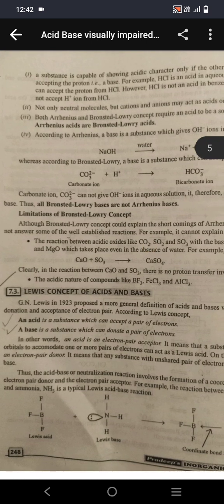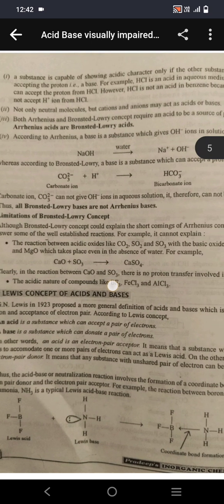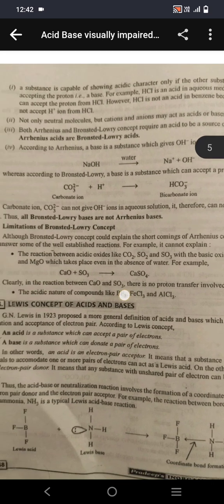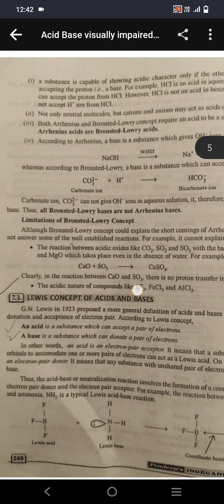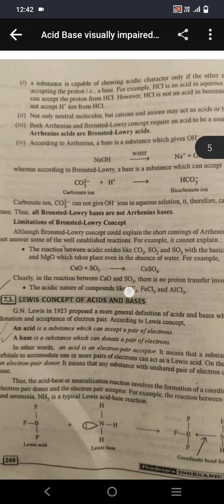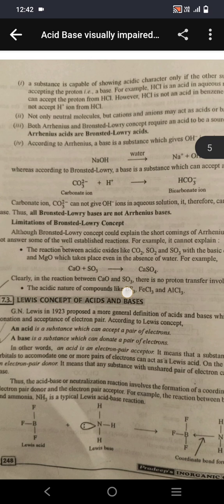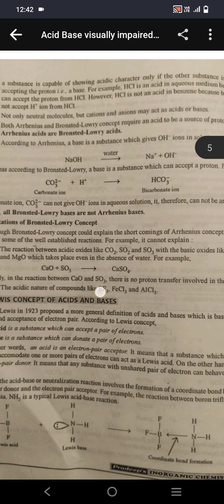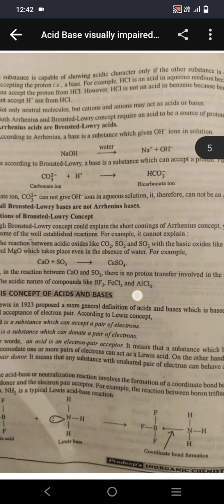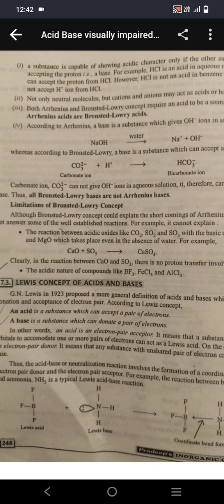Limitations of the Bronsted-Lowry concept. Although the Bronsted-Lowry concept could explain the shortcomings of the Arrhenius concept, yet it could not explain some well-established reactions. For example, it cannot explain the reaction between acid oxides like CO2, SO2 and SO3 with base oxides like CaO, BaO and MgO, which take place even in the absence of water.